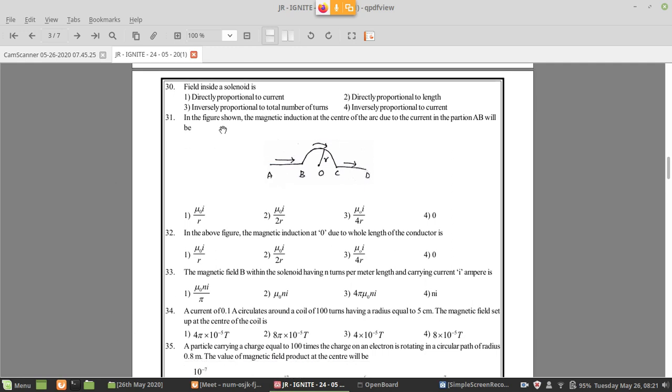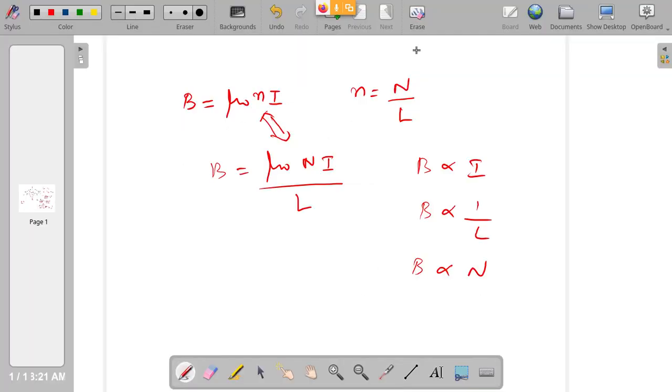In the figure shown, the magnetic induction at the center of the arc due to the current in the portion AB. The portion AB will be A to B, B to C, C to D. In this they are asking magnetic field only due to AB. Already I told you, in a straight conductor, along the length of the conductor, magnetic field is 0.